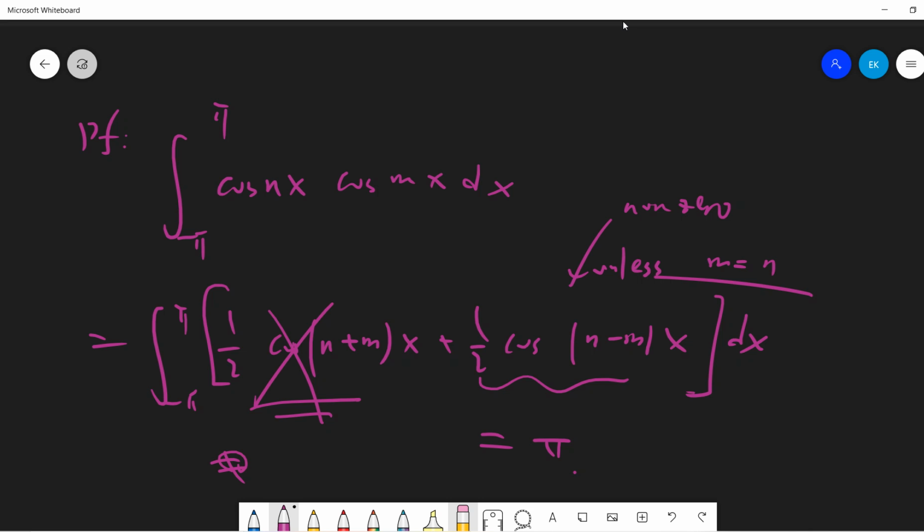Okay, so that's it. The key point is what we want to show: the relationship between f of x and the Fourier series of f of x.